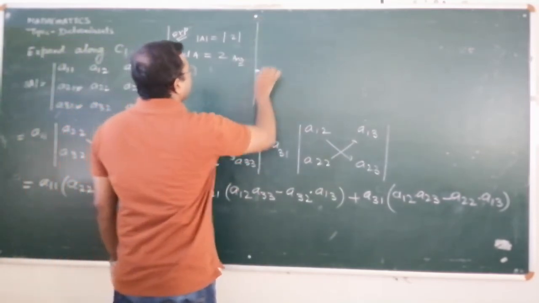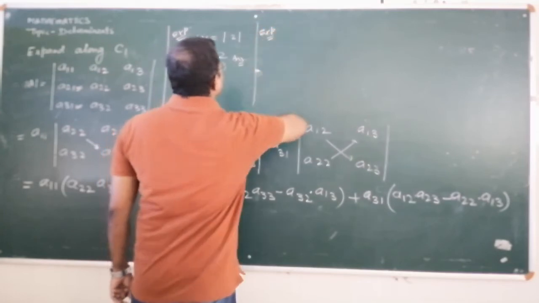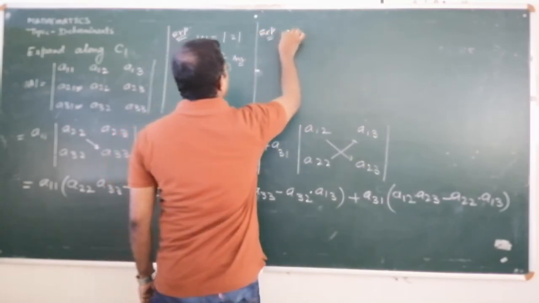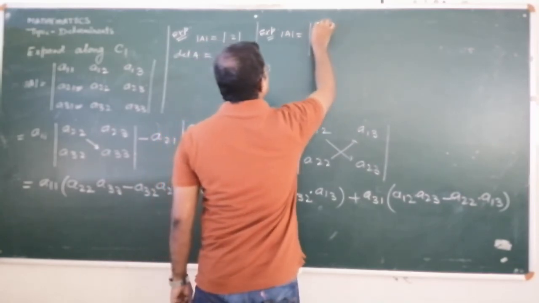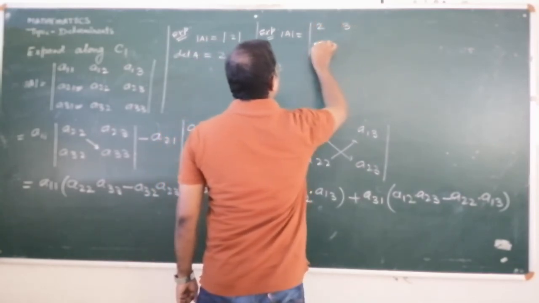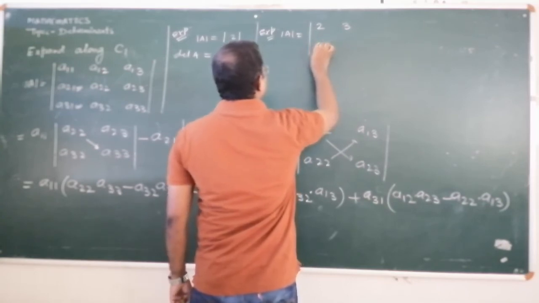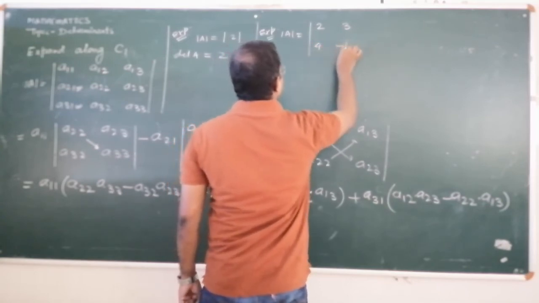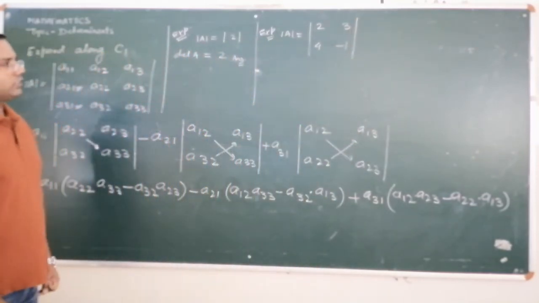See the next example. If I have a determinant of order 2, suppose it is 2, 3 and it is 4 and it is minus 1. What is the value of this determinant?